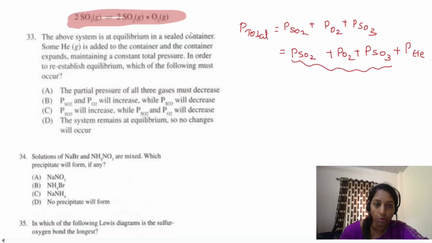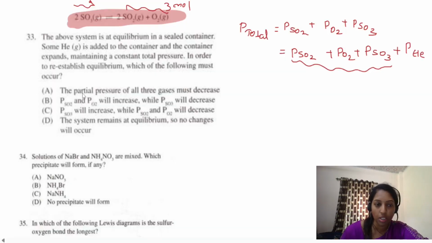So the system wants an increase in pressure, so it will move to the side with the higher number of moles. That can lead to a higher pressure, isn't it? So this side is 2 moles and this side is 3 moles. So definitely it will go with more forward reaction.